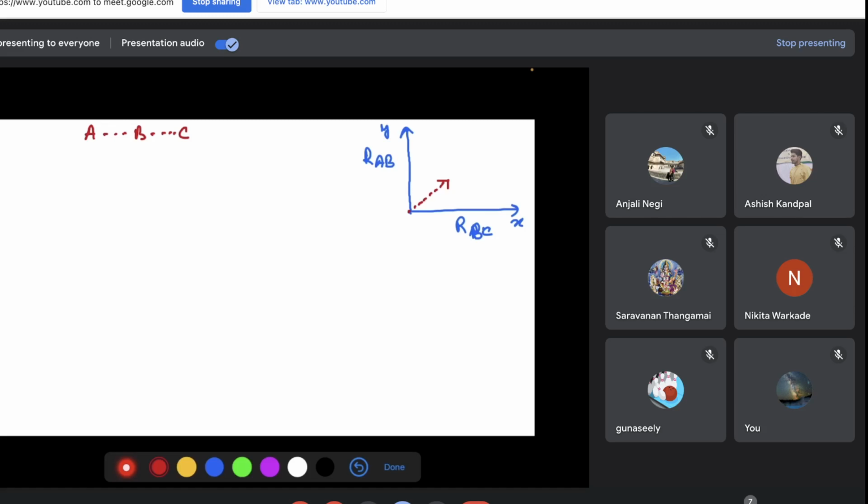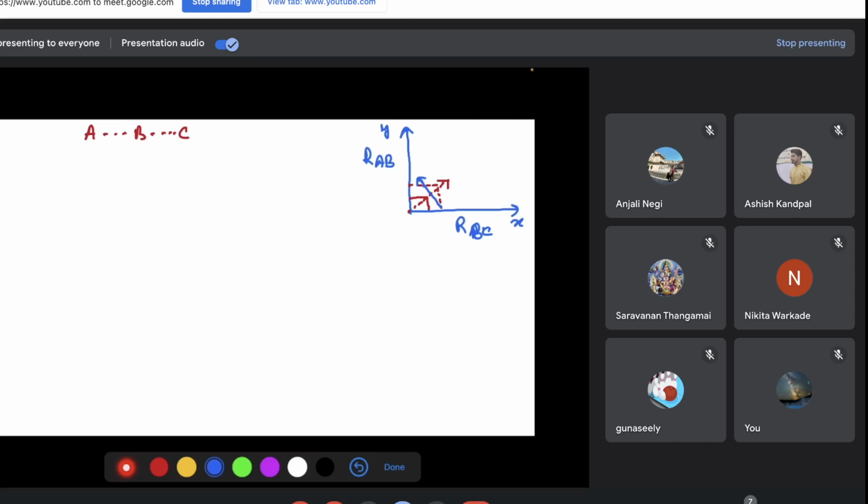It will have a symmetric stretch. Exactly orthogonal to this, along this arrow, I will have the anti-symmetric vibration.